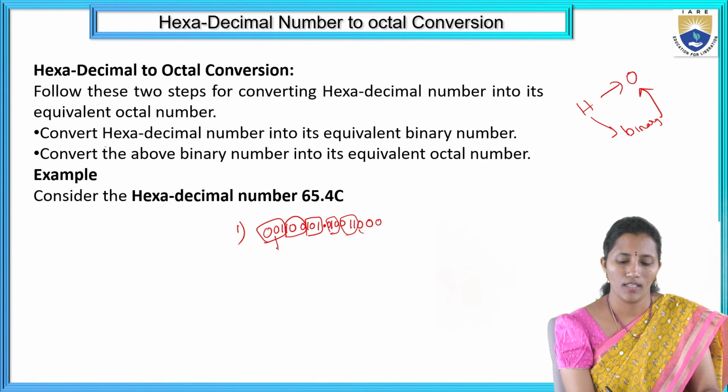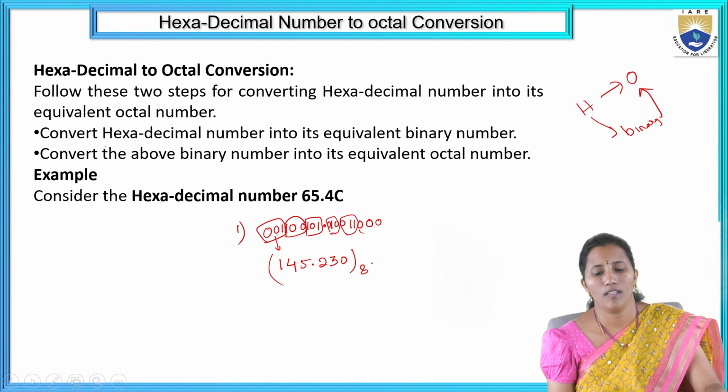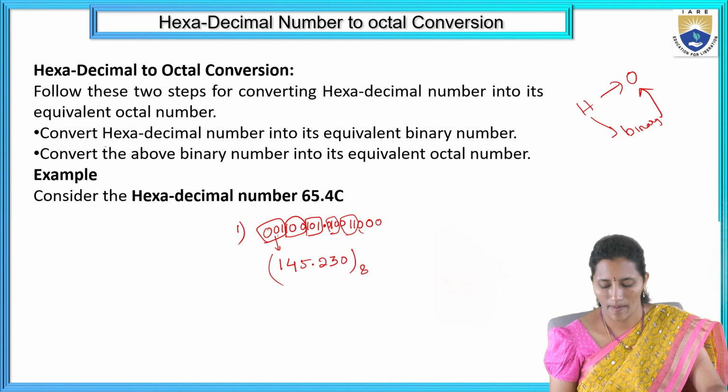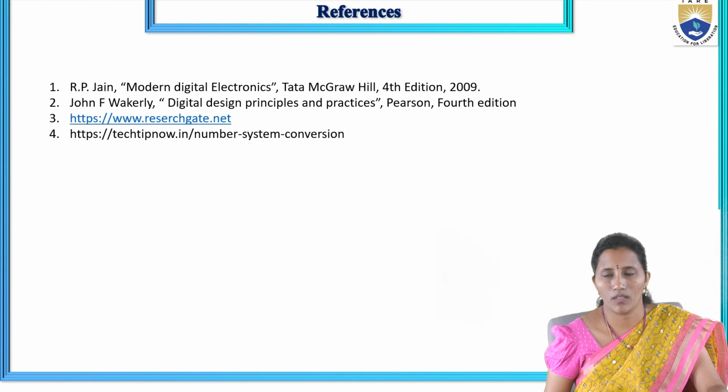Okay, so now write the equivalent octal number: 1 0 0 is 4, 101 is 5, 010 is 2, 011 is 3, and 0. This is the equivalent octal number. Okay. So this is the procedure to convert a hexadecimal number into an octal number.